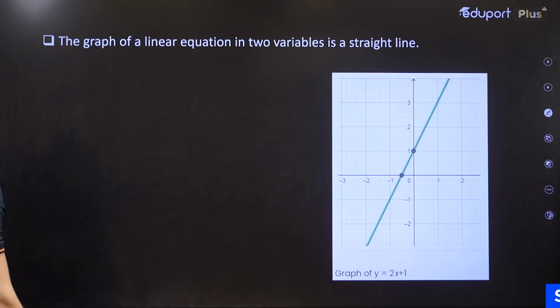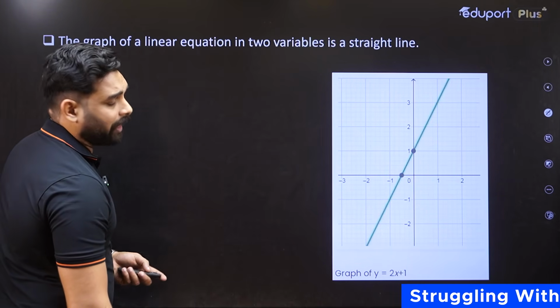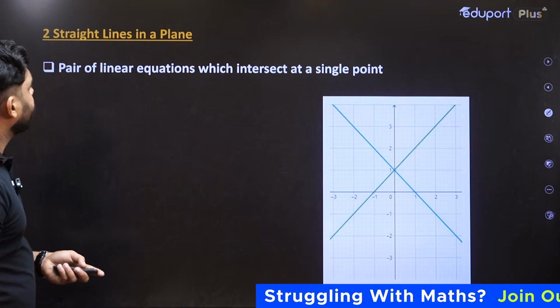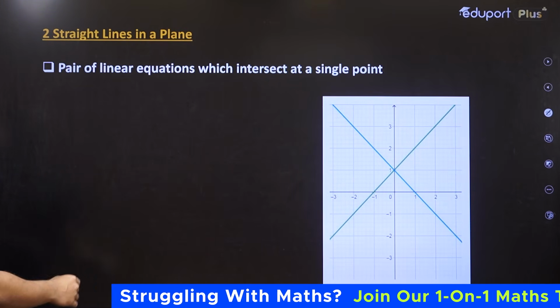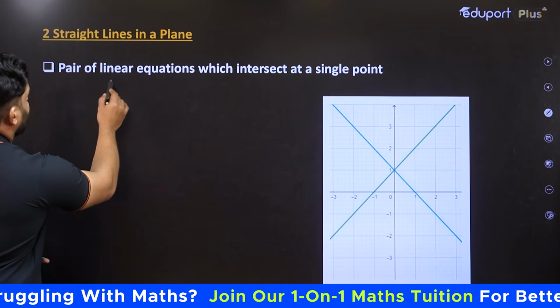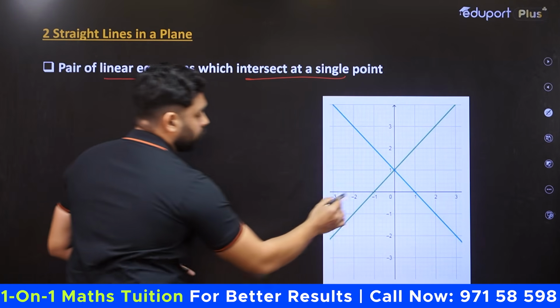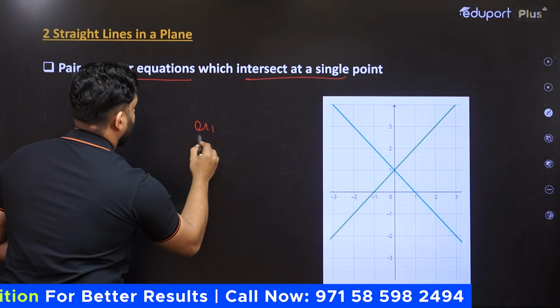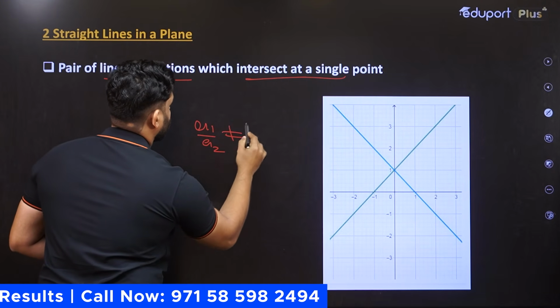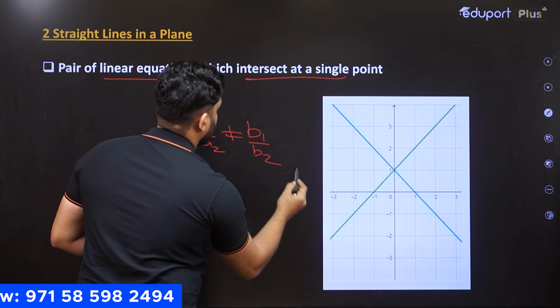So the graph of a linear equation in two variables is a straight line. We already learned it. Two straight lines in a plane. A pair of linear equations which intersect at a single point, we learned that is a1 by a2 not equal to b1 by b2. This will be the graph.